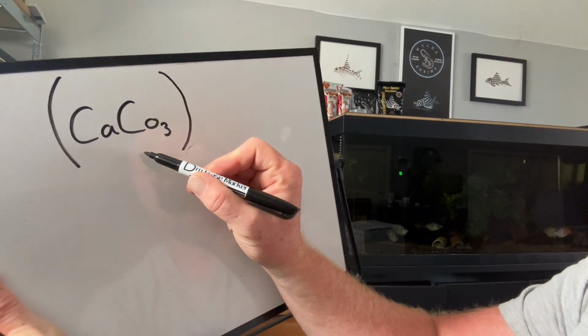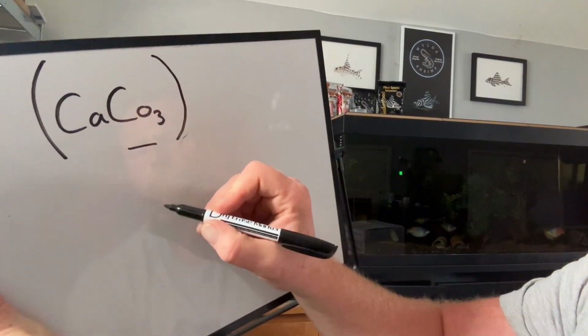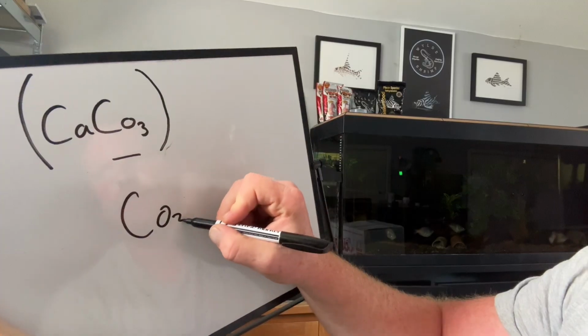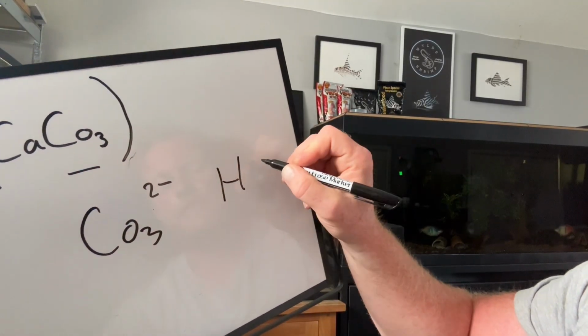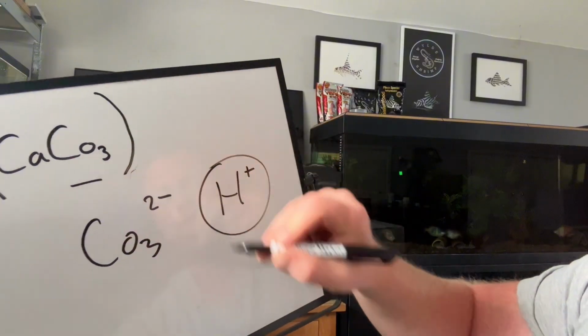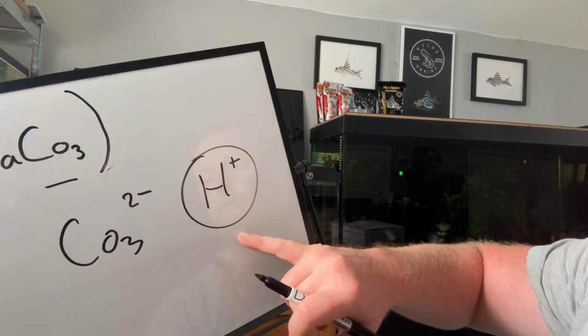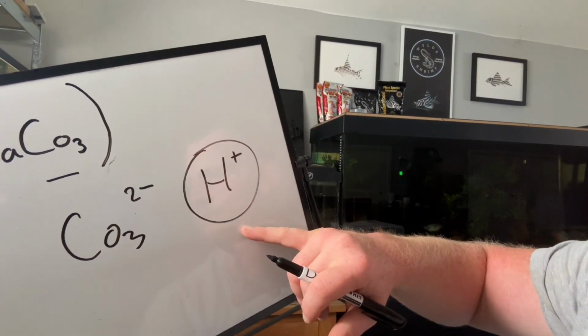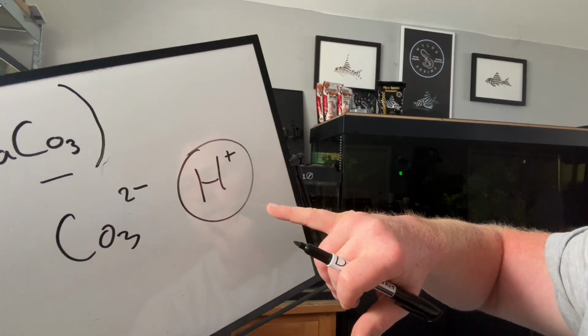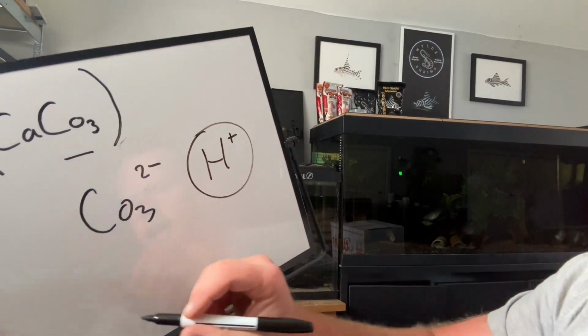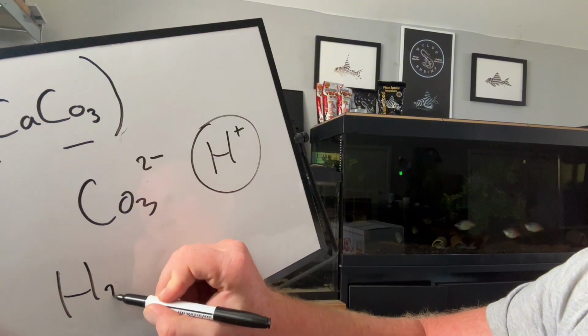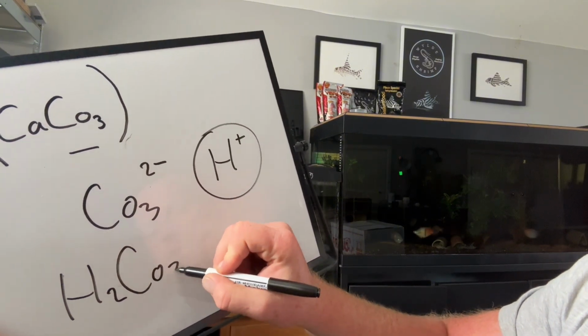Calcium carbonate, how does that help us? Well, the anion part, which would be CO3 2-, reacts with the free hydrogen ions, which we talked about earlier. This is what causes the water to be acidic, right? Well, this binds to those, removing them, so they're no longer free. And you end up with H2CO3.